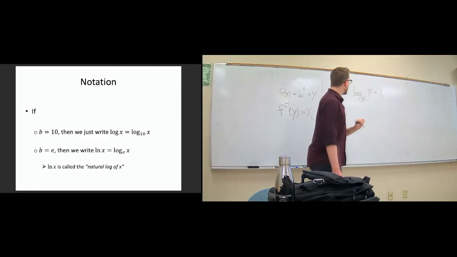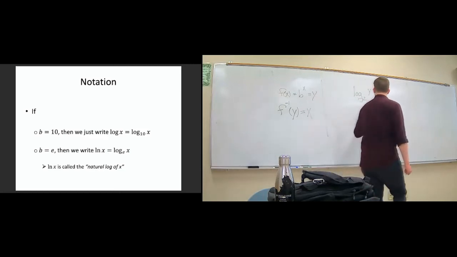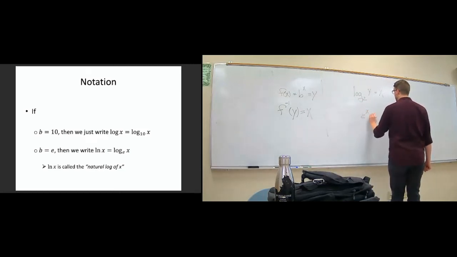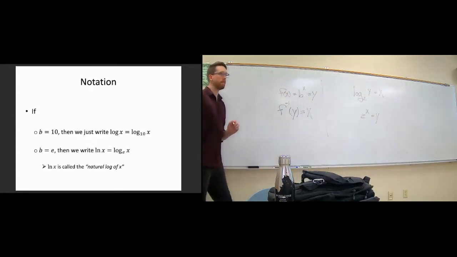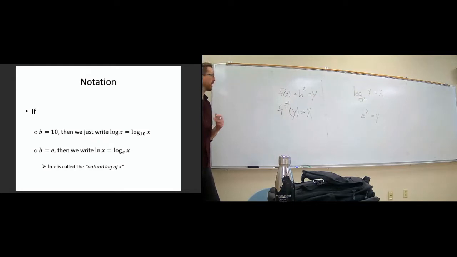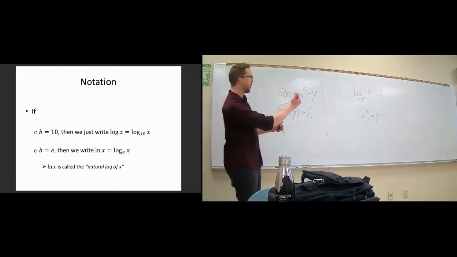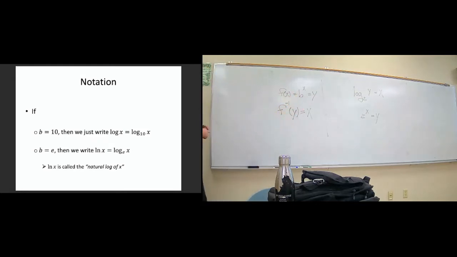Well, that answers the question of what power you have to raise 2 to get y. Keeping with the notation before, we would swap those variables, but the idea holds, right?